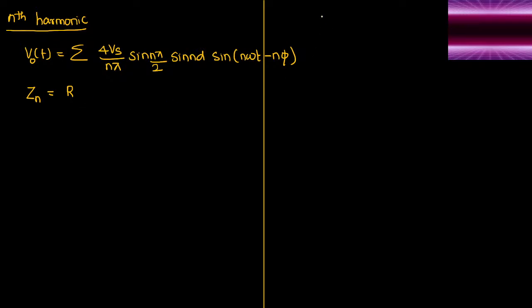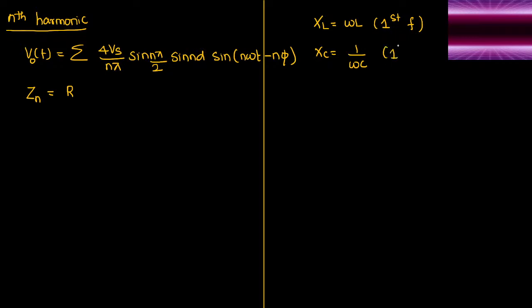And let me write somewhere here. XL can generally be written, writing magnitude alone, as omega L, and XC can be written as 1 upon omega C. Of course, there is a minus j in front of this; I'm just considering the magnitude. Basically, this is for the fundamental frequency only, n equal to 1.